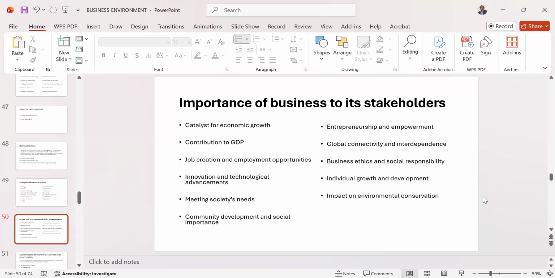Another importance of business is business ethics. What are the reasons for carrying out your business? What are the important things you should do to make sure that you operate ethically in that particular business, so that there's no breach, either security breach, data breach, or what have you.